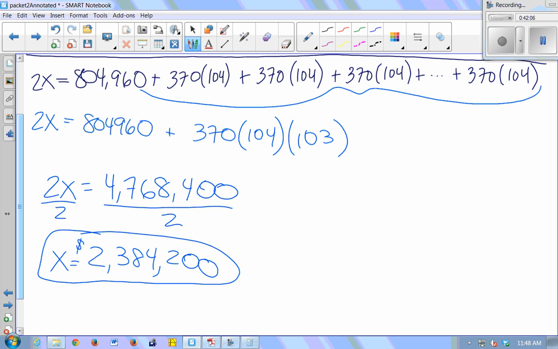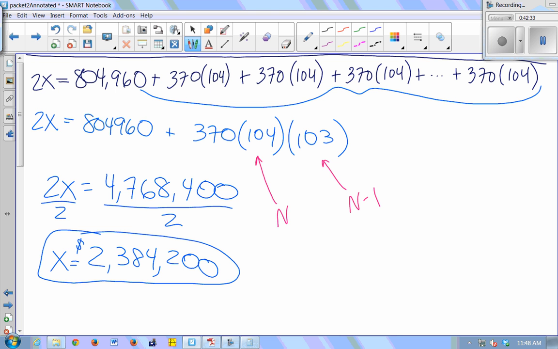Another way we could do it, instead of going through that whole rigmarole up there, we just take the 370 times 104 and automatically go one number forward. Yes, and that is where the formula is. This 104 is the number of weeks I'm storing, right? So that's like n, the number of weeks you're storing. 103 is one smaller than that, n minus 1. So this is how the formula works.